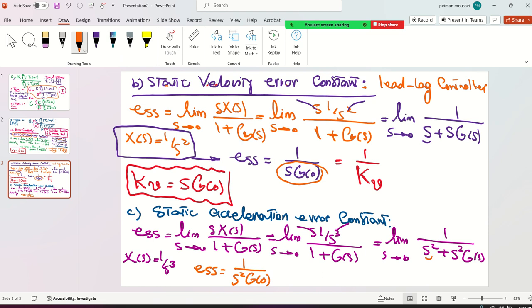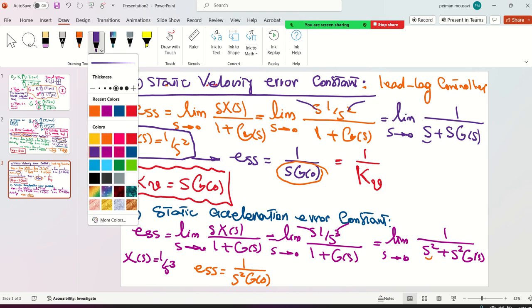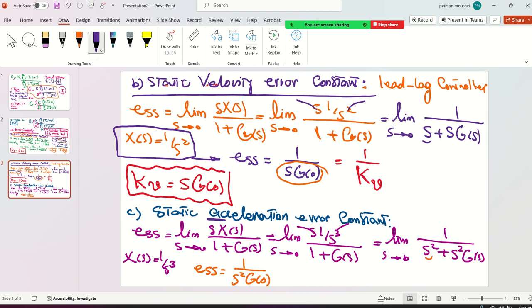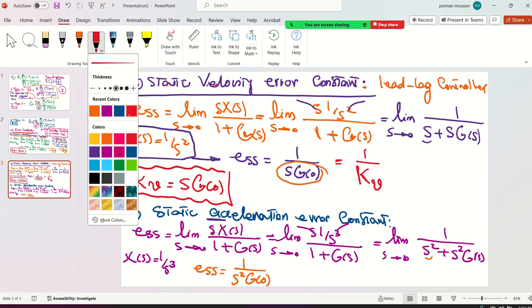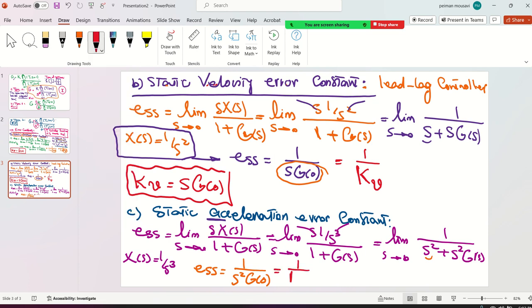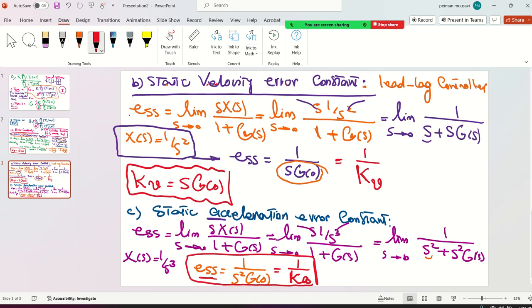We name this Ka. A is for the acceleration term. So ESS is 1 over Ka, the static acceleration error constant, Ka. Okay, these are definitions. So Ka we define as S squared G at 0.